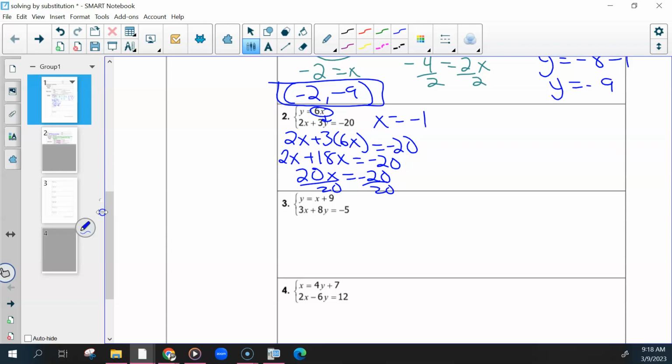Then again, you have 2 choices. You can put it into the first one. That's the one I would recommend because it's already solved for y. You could put it into the second one, but then you have to solve more. I feel like that's a little bit more work. So y equals 6 times -1. What's our y value? Nope. It is negative. What's our final answer?